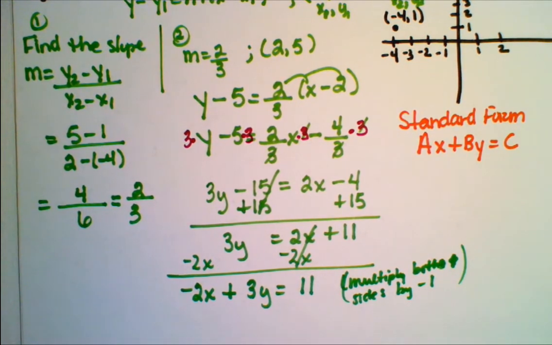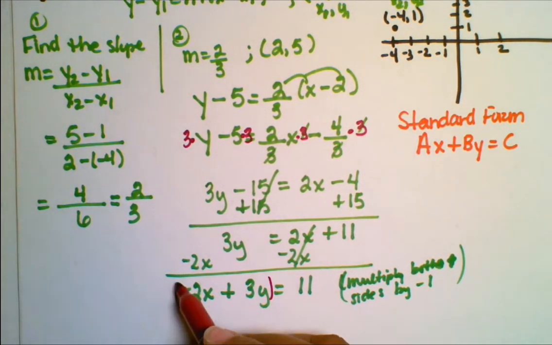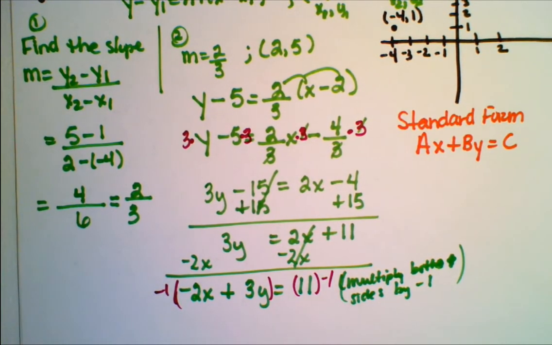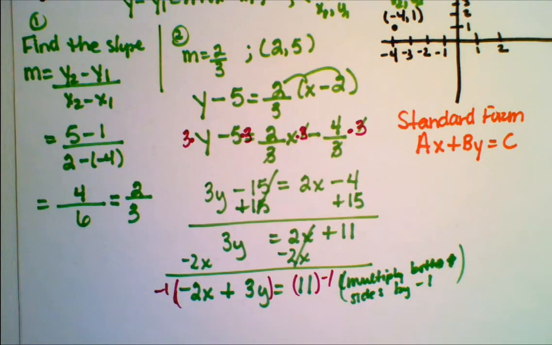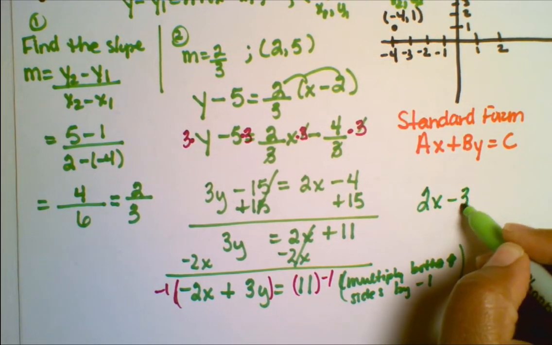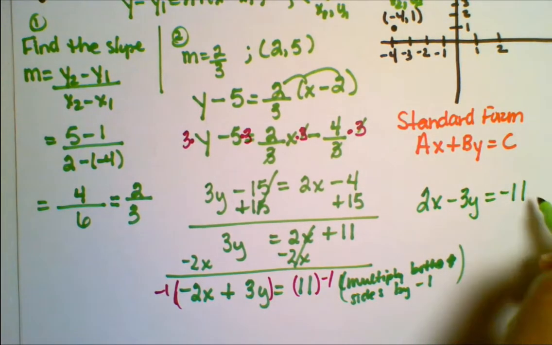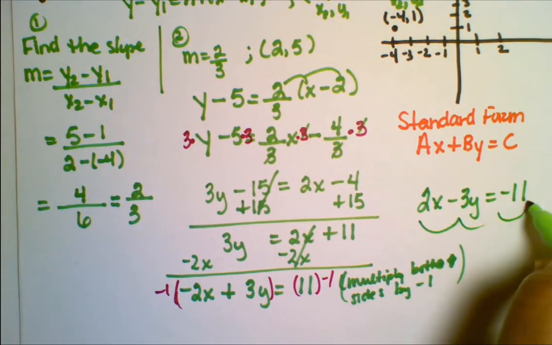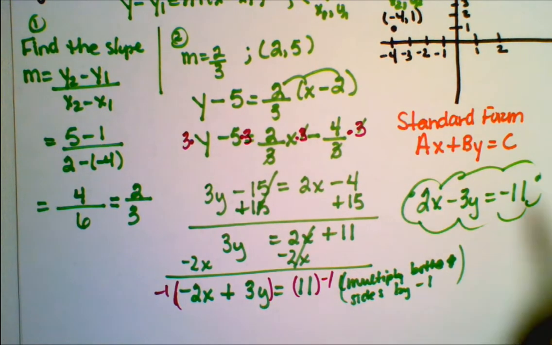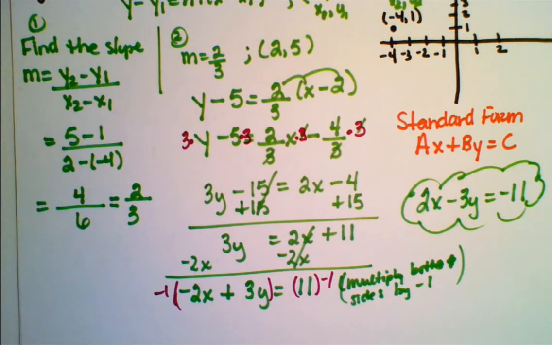So we multiply both sides by -1, and then our answer is going to be positive 2x minus 3y is equal to -11. When we're multiplying both sides by -1, you have to multiply the -1 to every term. And that is our solution.